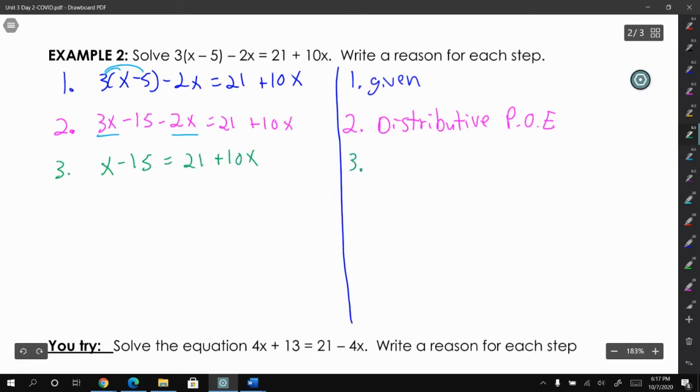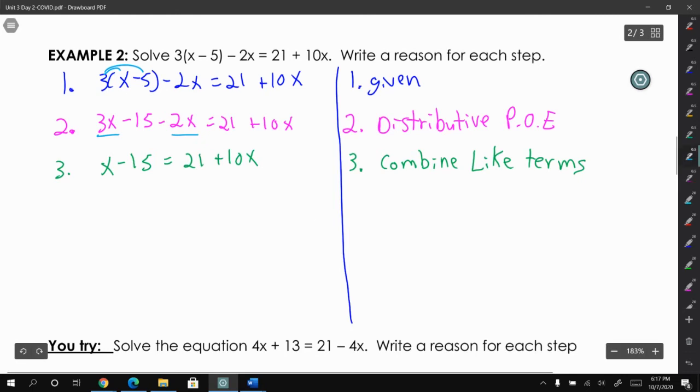And what we did there was combine like terms. So you can think about each one of these steps that we're writing out is the step that you would use to solve the equation. And then you're explaining that step on the right side.